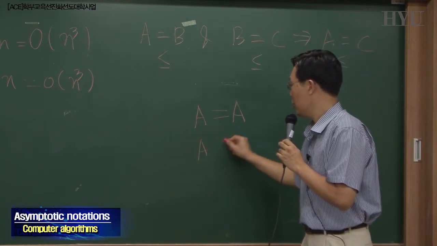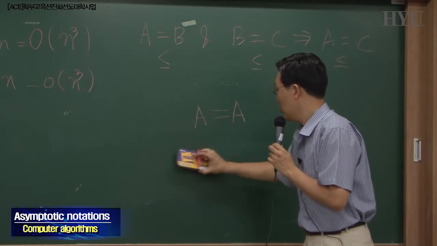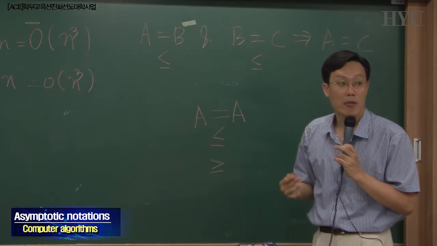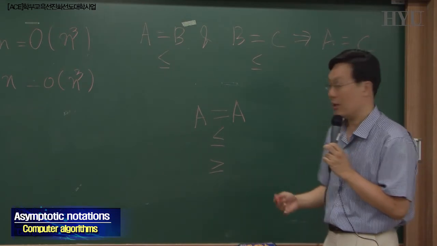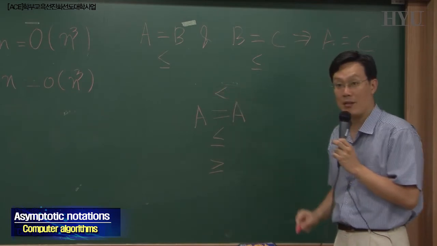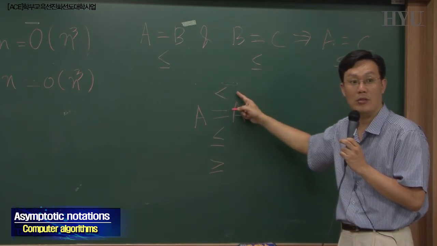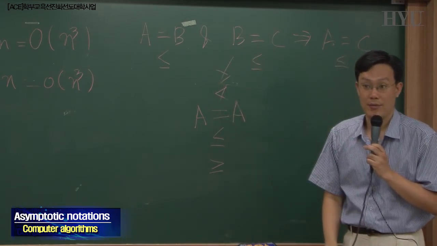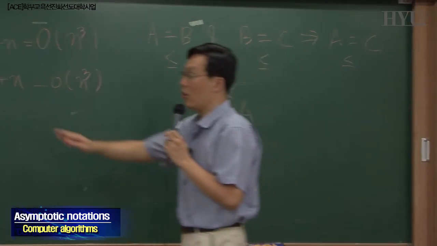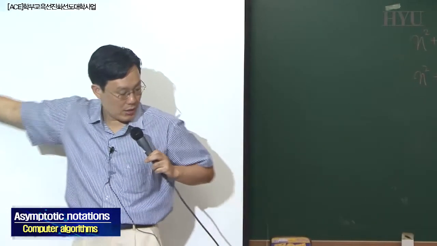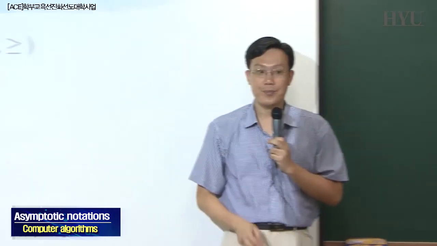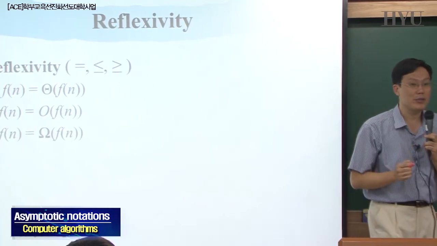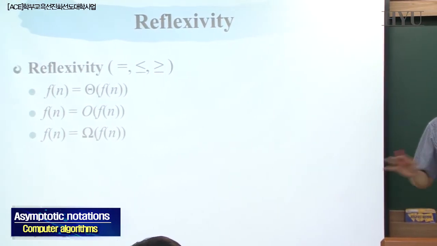And we also know that this and this operators are reflexive. But is this reflexive? No. Is this reflexive? No, they aren't reflexive. So only 3 operators are reflexive. Similarly, only 3 asymptotic notations are reflexive.